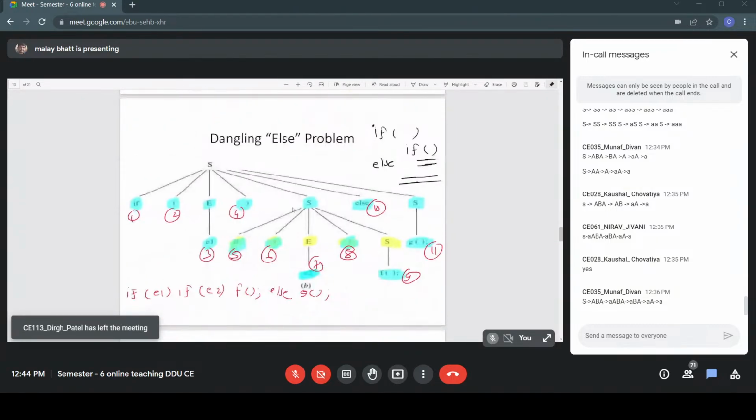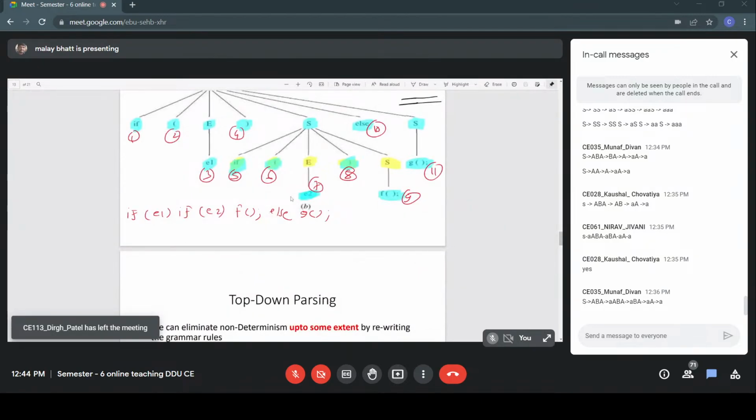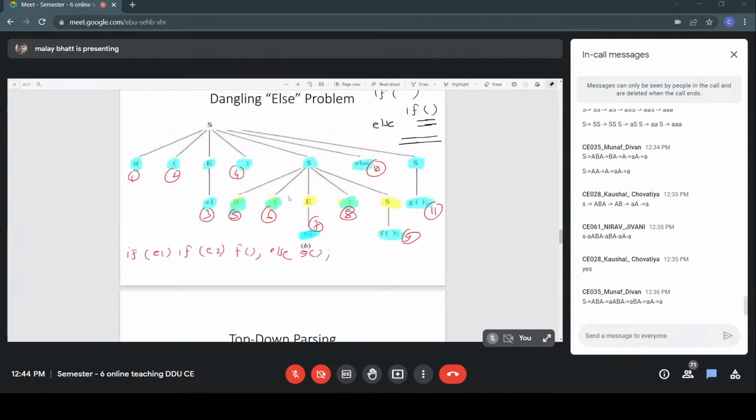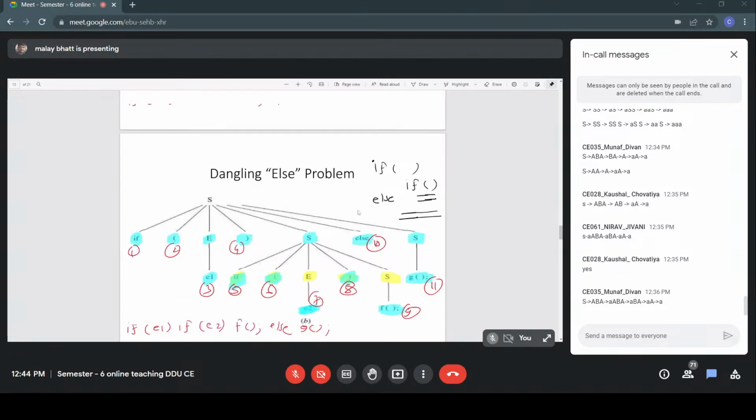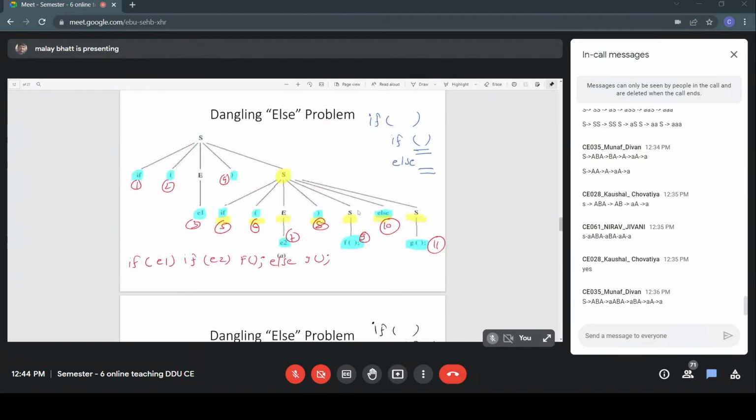So any other statement, you can consider all function calls and everything. Right? So basically this tells that if the grammar is ambiguous, we cannot use it because it will create a problem. We cannot understand whether else is linked with the outer if or with the inner if. So this kind of ambiguous grammar is not useful in any programming language.